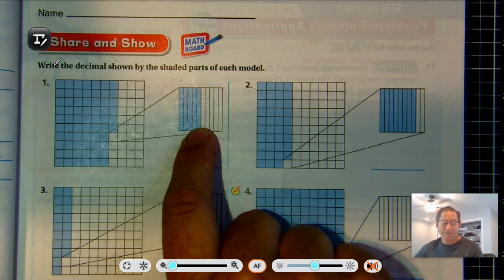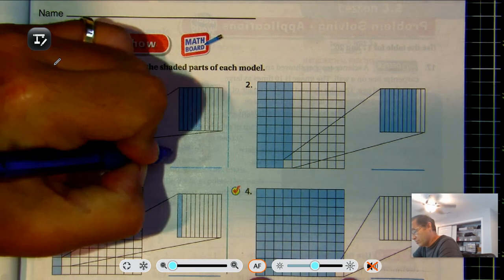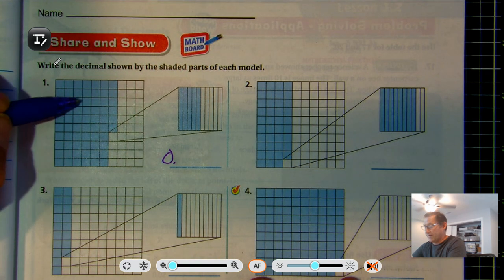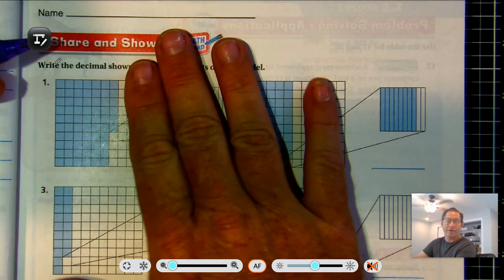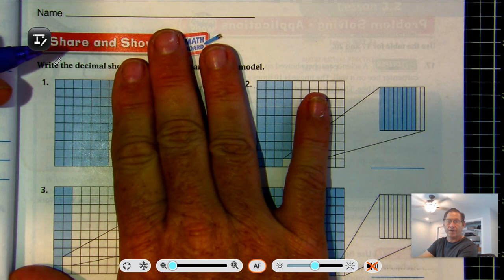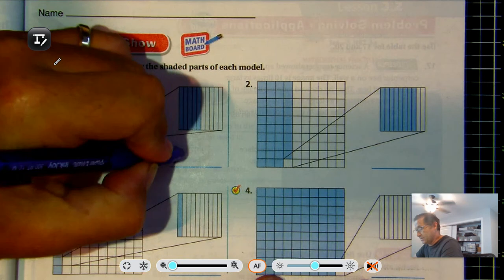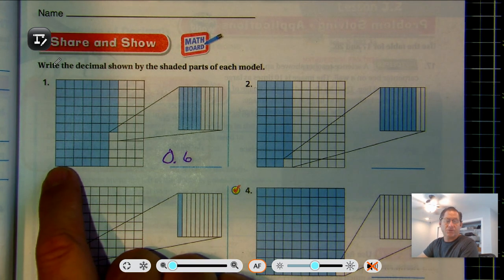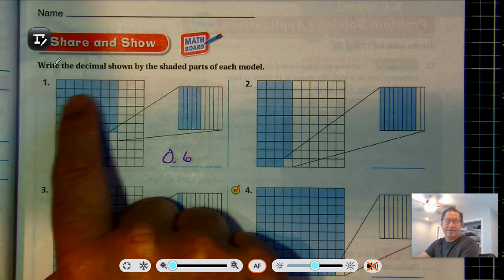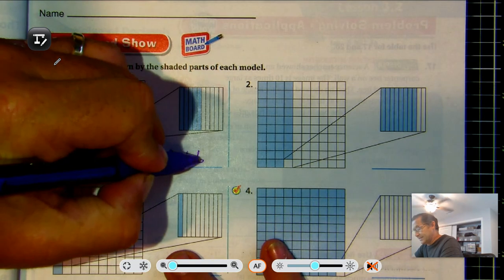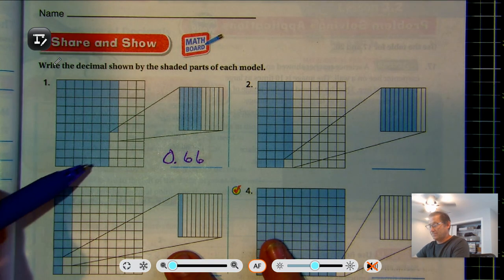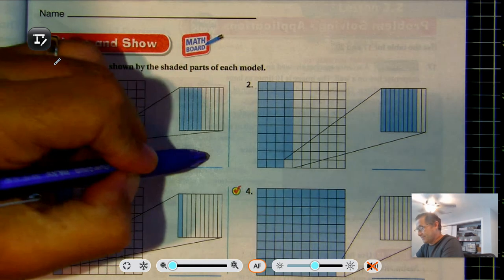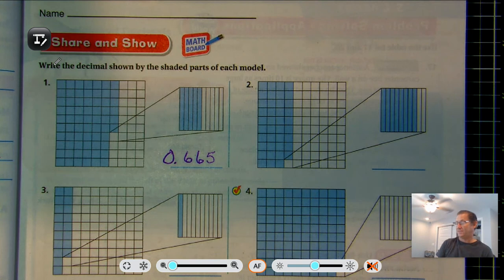But that would be thousandths. So we have how many tenths? We have 1, 2, 3, 4, 5, 6. If we only had the columns, we would have 6 columns. Then if we go to the hundredth squares, that's the littler ones, we'd have 60 of those. Okay. And then 5/1000ths.